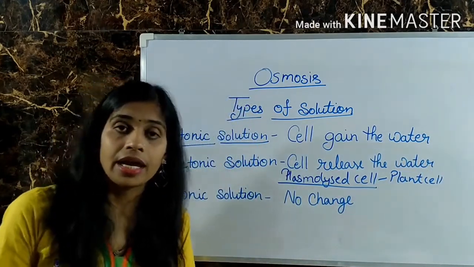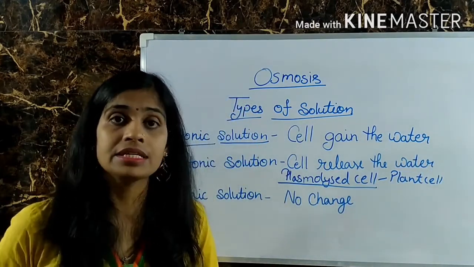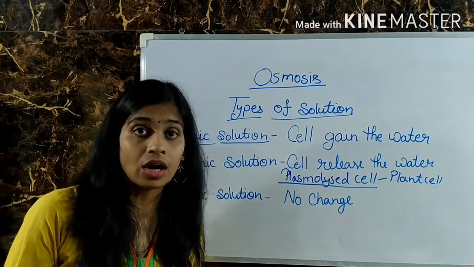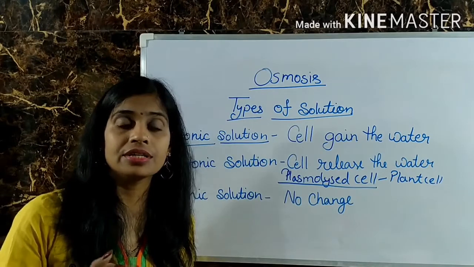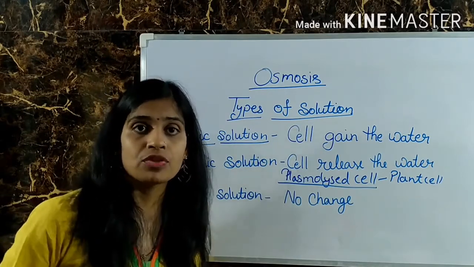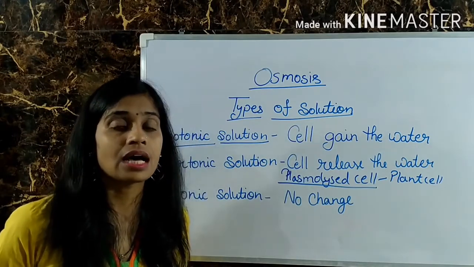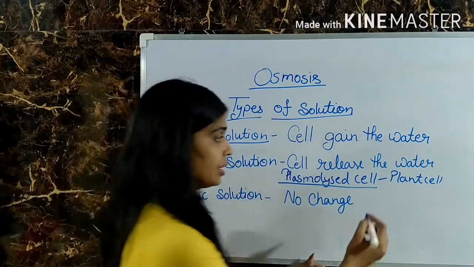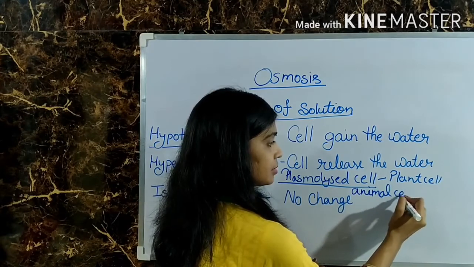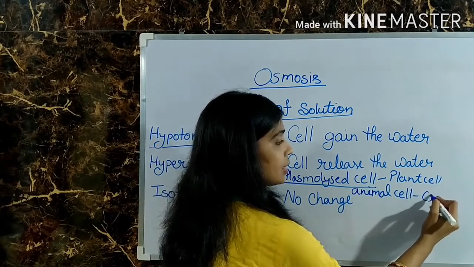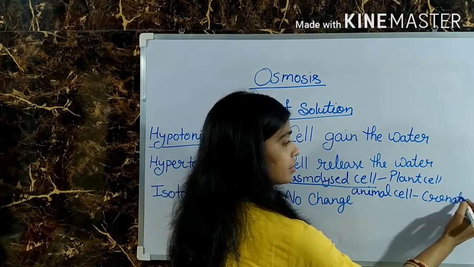But when an animal cell like the RBC shrinks, or the water is released from the cell, then those cells are called crenated. The animal cells are called crenated.